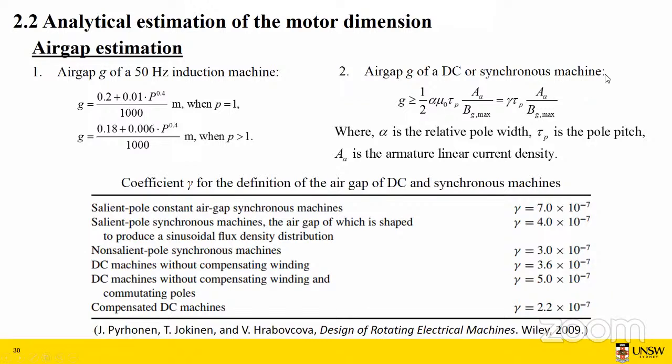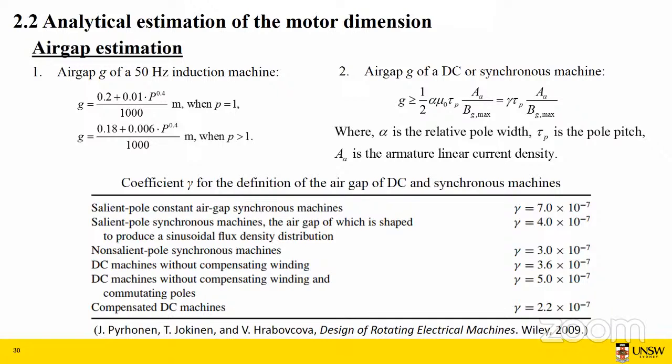In DC and synchronous machines, the air gap is basically constrained by the permitted armature reaction. We have to ensure the armature reaction, which is the flux caused by the current linkage of the armature, does not reduce the flux density excessively on one side of a magnetic pole. Otherwise the machine won't rotate.